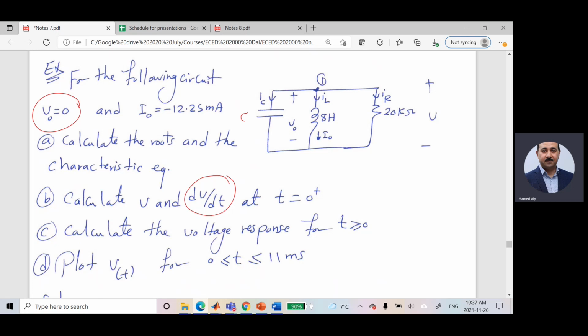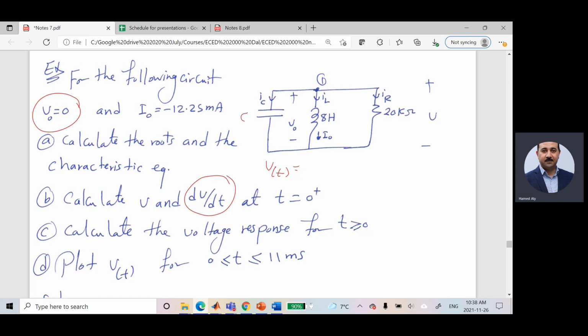So based on that, I can say v of t is one of 3 different equations: A1 times e to the power s1t plus A2 times e to the power s2t, or beta 1 multiplied by e to the power negative alpha t times cosine omega dt plus beta 2 times e to the power negative alpha t times sine omega dt, or v of t is equal to D1 times t times e to the power negative alpha t plus D2 times e to the power negative alpha t, based on alpha and omega.